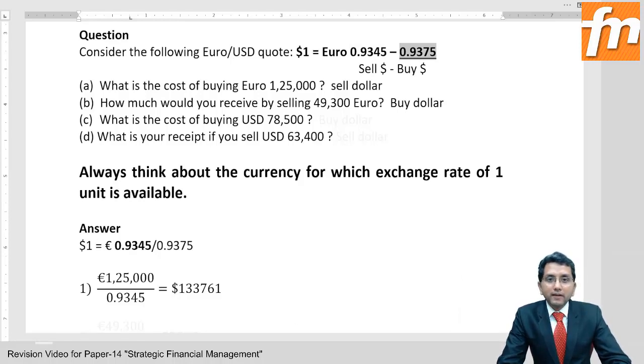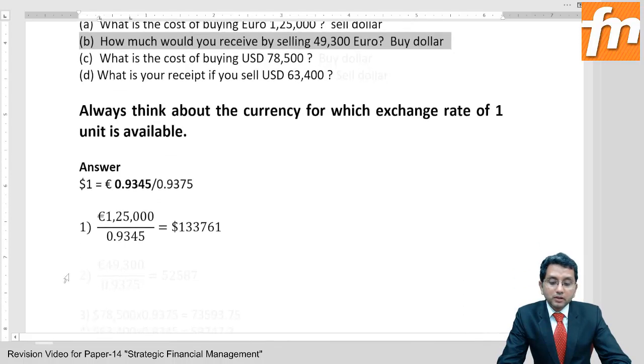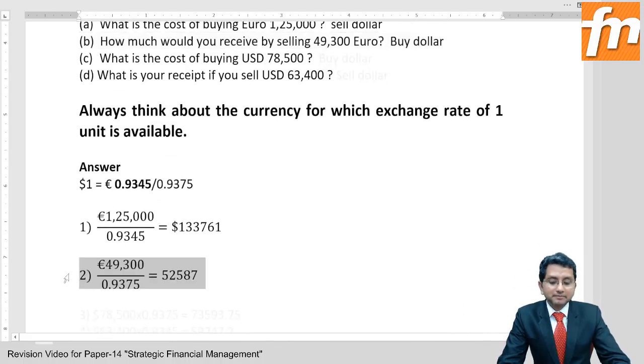So number one, you have identified the rate. Number two, should I divide by the rate or multiply by the rate? See, you have euros. If the rate is for 1 euro, multiply. But the rate is for $1, so better you divide by the rate. By selling 49,300 euros, you will get $52,587.